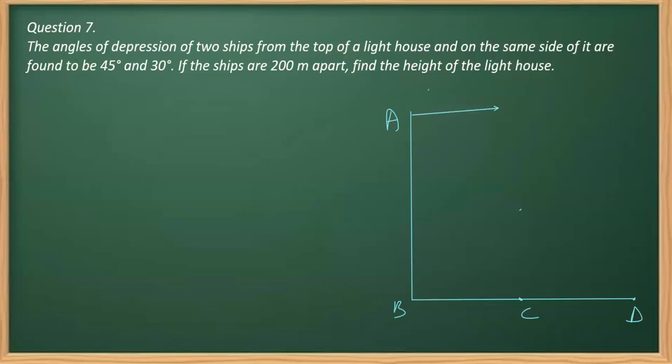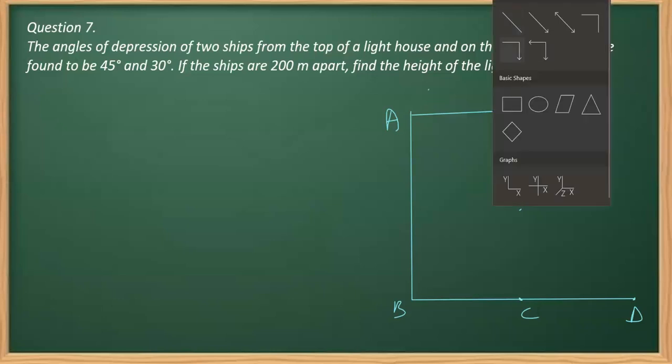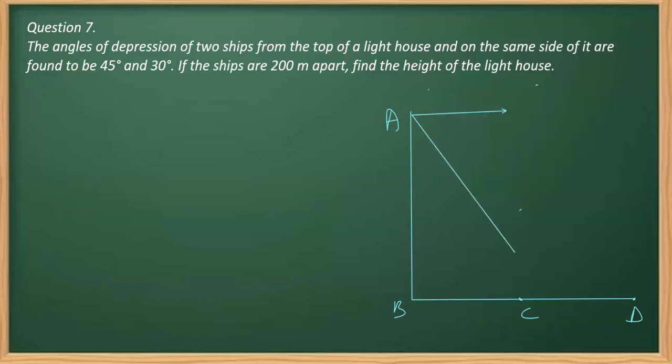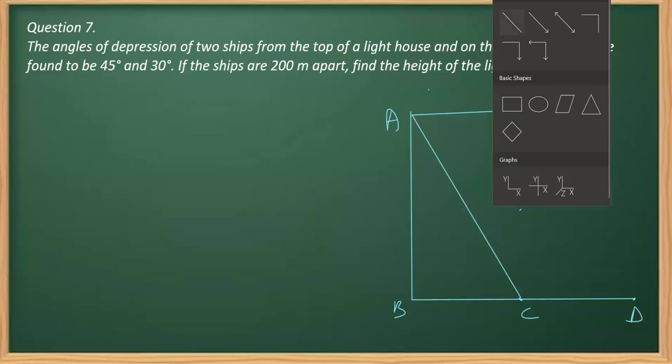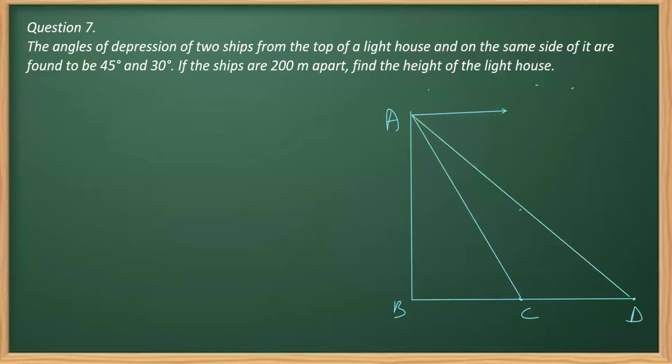For that, we need to make a line parallel to the base, and then joining this with this will give you one angle of depression, and again joining this point C with point D will give you the other depression. Clearly from the figure you can see that this one is smaller, so this will be 30.